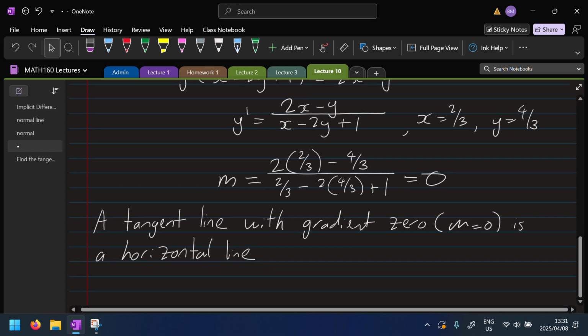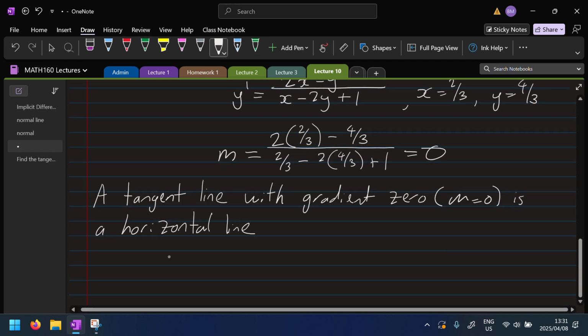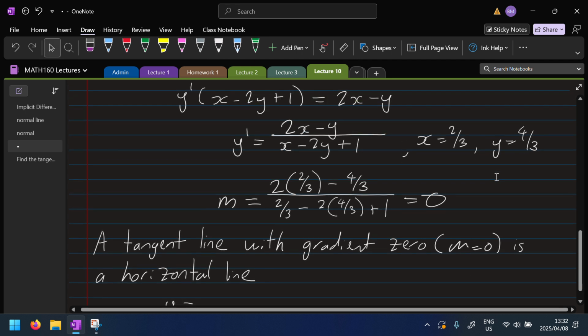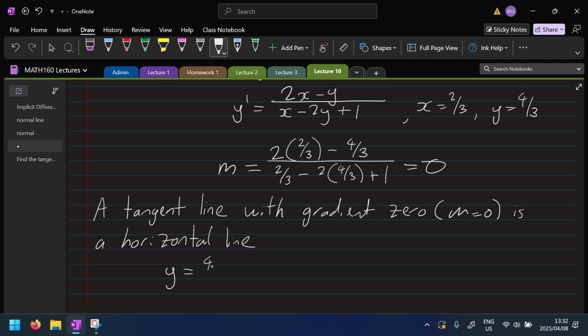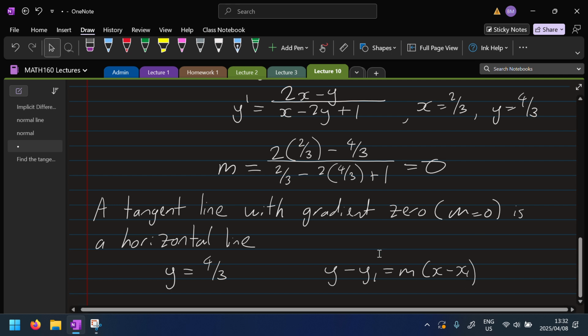So the equation for that horizontal line is just going to be y equals whatever point we had here, so 4/3. Right, so here we just did y minus y1 equals m times x minus x1, but since m is 0, we just have y equals y1.